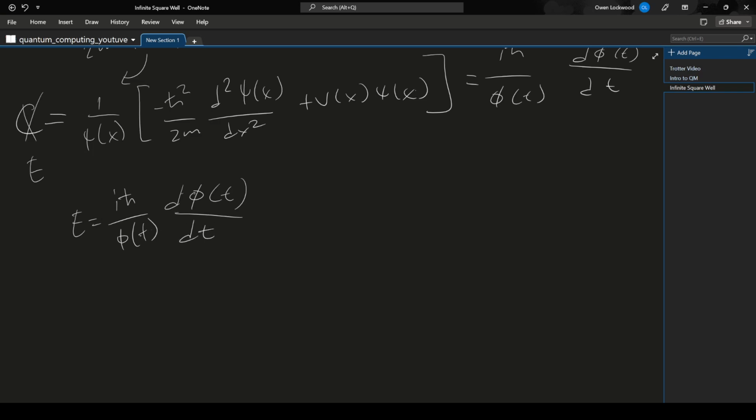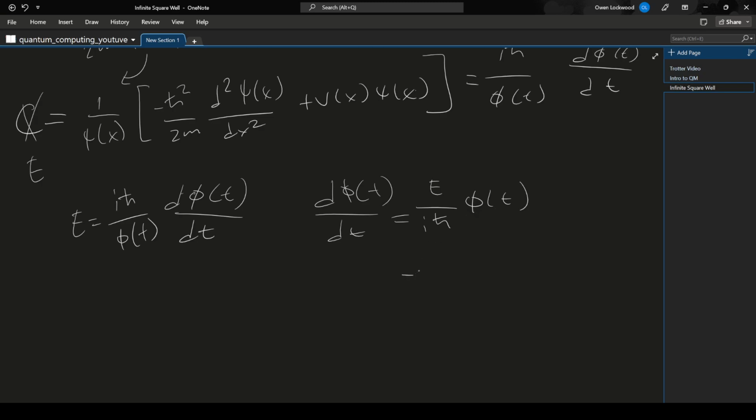Let's solve this as we do for differential equations, get this all by itself. So we'll have d of the function dt equals E over i h bar times this function.